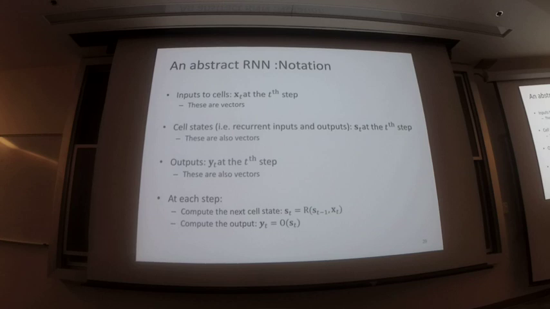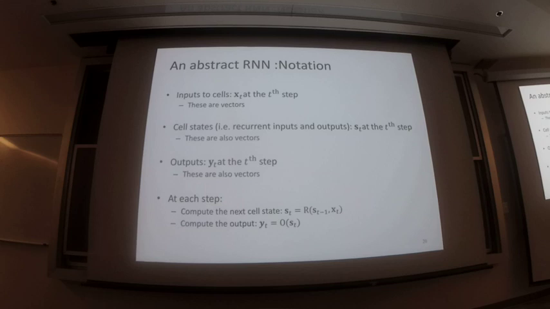the RNN cell takes in an input. So here you call the input X sub t. At our fifth step, the input to the cell is denoted by X sub t, and that is a vector, and that could be a word embedding for our word.